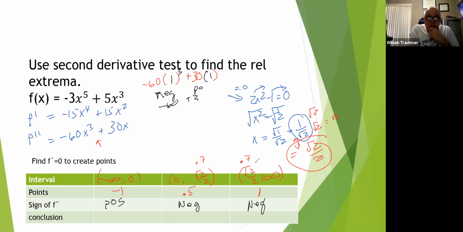Let me make sure I got this one right. If I put 0.5 in there, 30 times 0.5 is 15, but negative 60 times 0.5 raised to the third power is negative 7.5. So this is negative also.